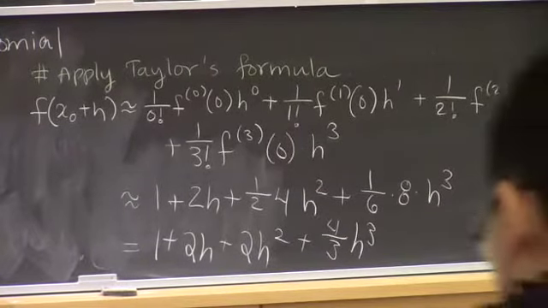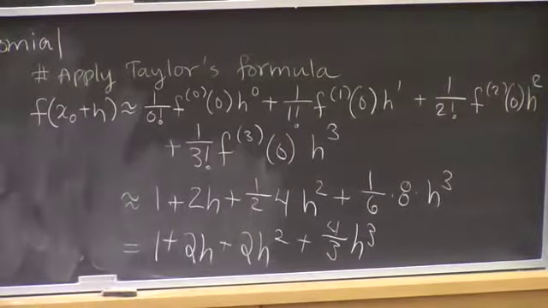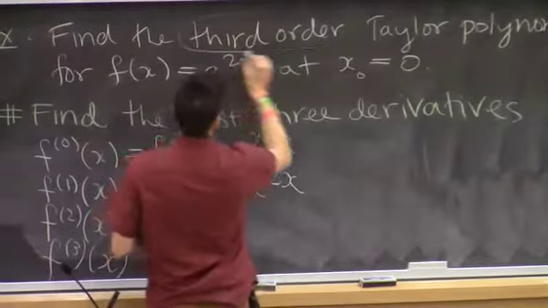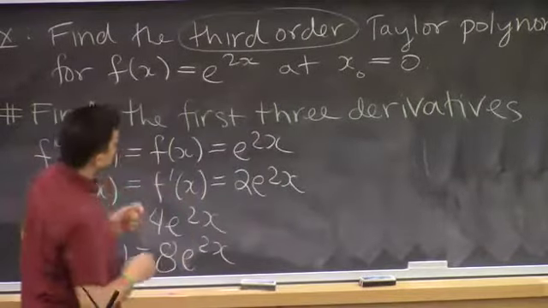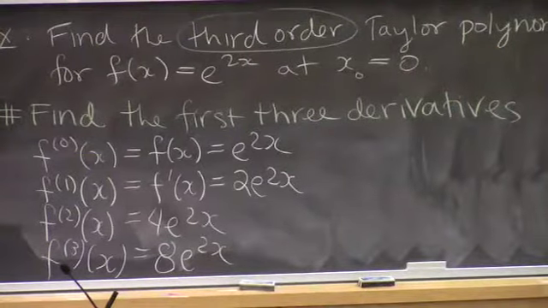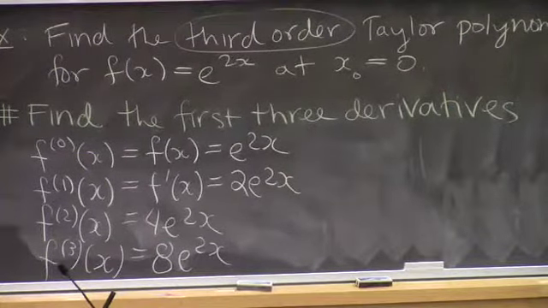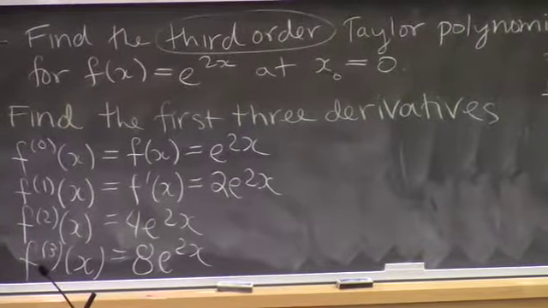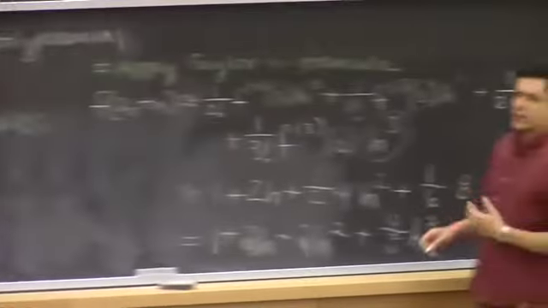Yes? Can we put in the limit as well? Right, so we only want third order. So when we have some order, we go up to h to the n. So we only go to the power of h that it's asking for.